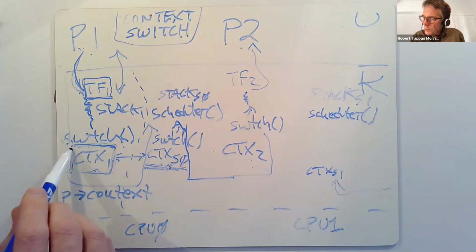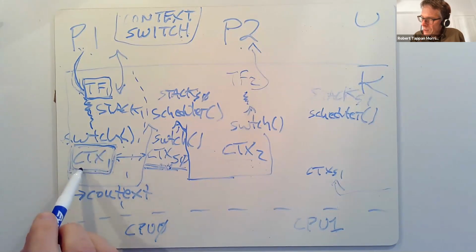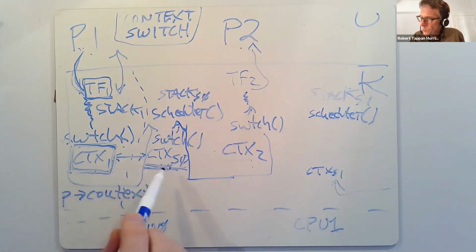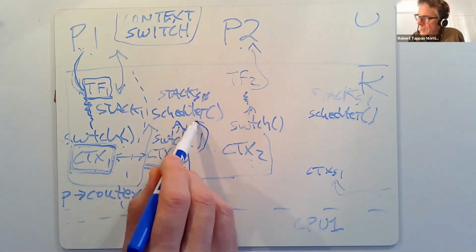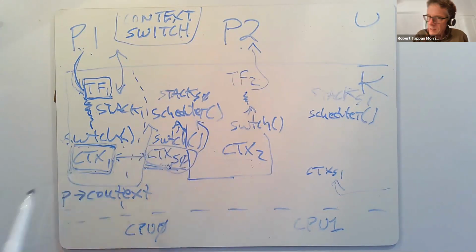The way we'll see that come up is that when we switch from one thread to another and restore the target thread's context, the first thing it will do is return from a previous call to switch. So these contexts always save state as it is in switch. Okay.